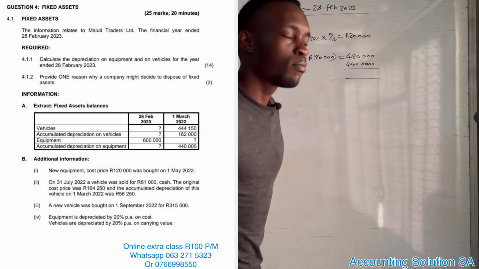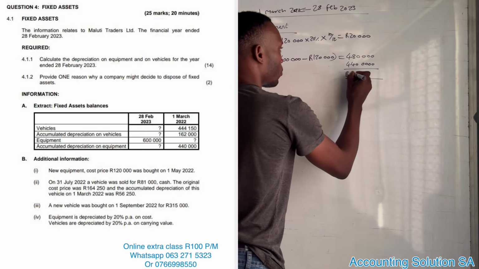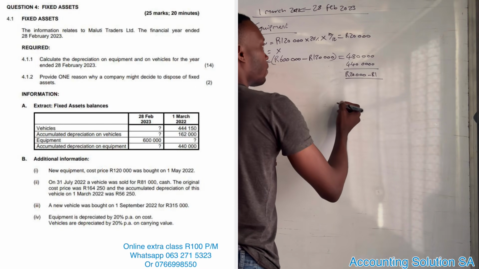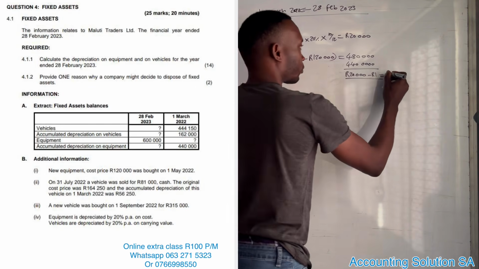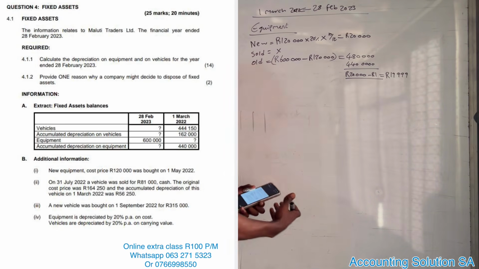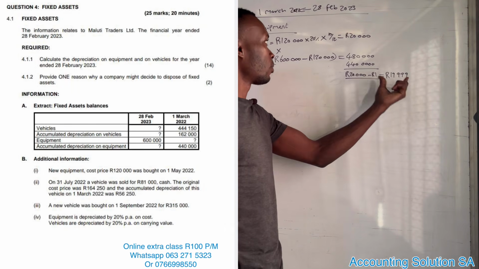Then that will be your depreciation. If you subtract these two, you're going to get 20,000 minus 1 rand rule. It's going to give you 19,999.